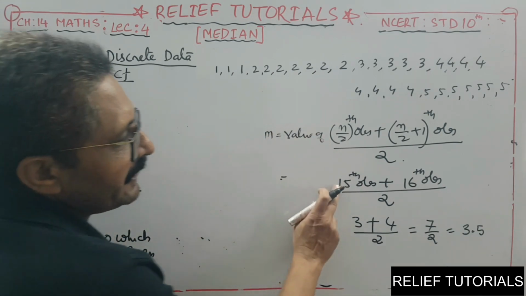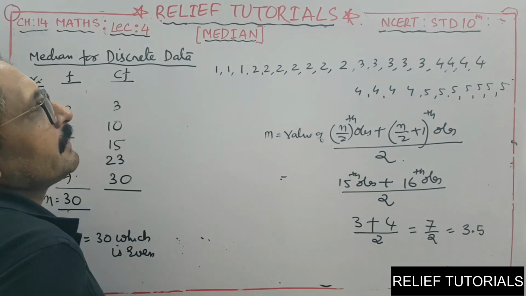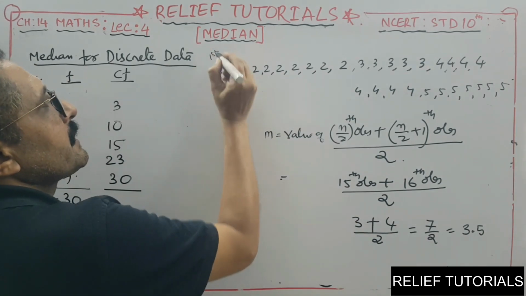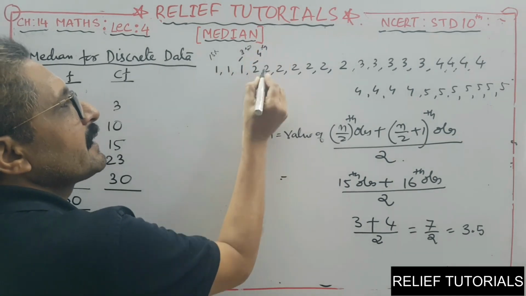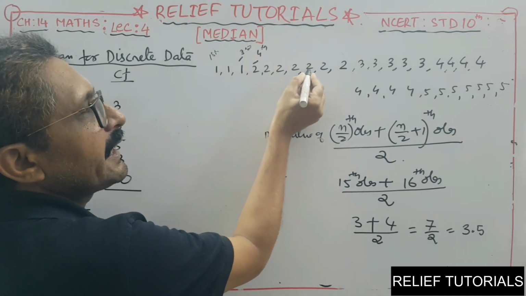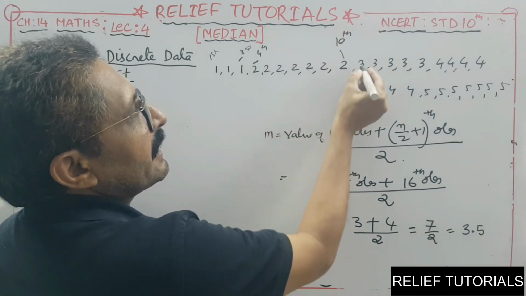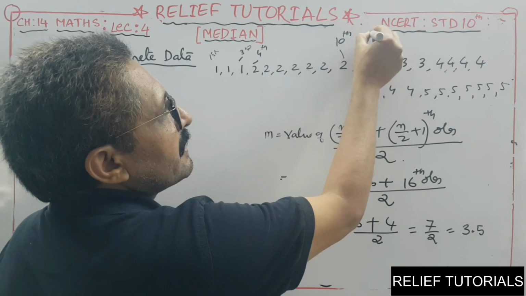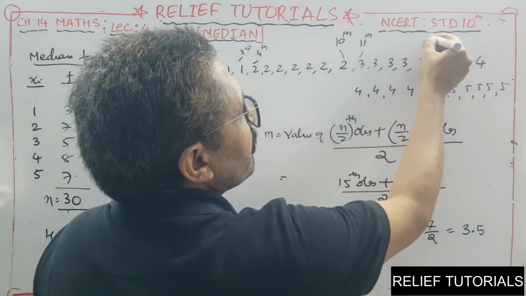Now you have to find the 15th observation. See, this is the first observation, second, third, fourth, fifth, sixth, seventh, eighth, ninth, 10th observation. Now this is the 11th observation, 12, 13, 14, 15th observation.